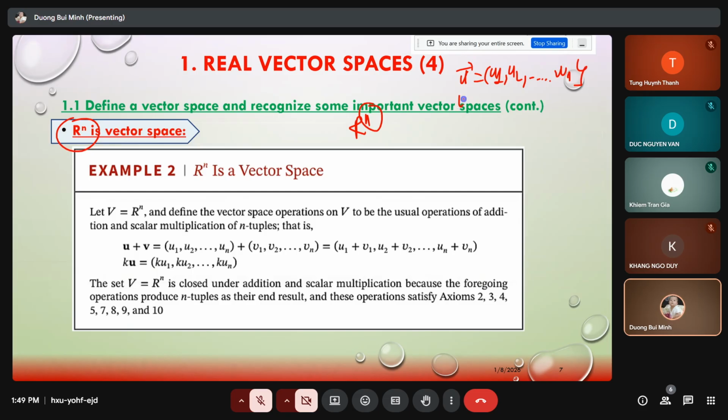We have vector V with V1, V2, blah blah blah, Vn. And we have many vectors, for example vector Z with Z1, Z2, blah blah blah. How many vectors are in the vector space? I don't know. But I know the vector space Rn is a space that contains all vectors with n elements for every vector. Do you understand?